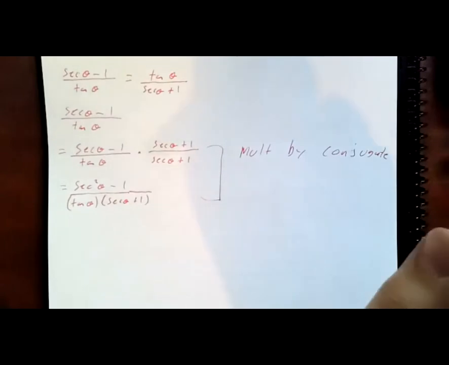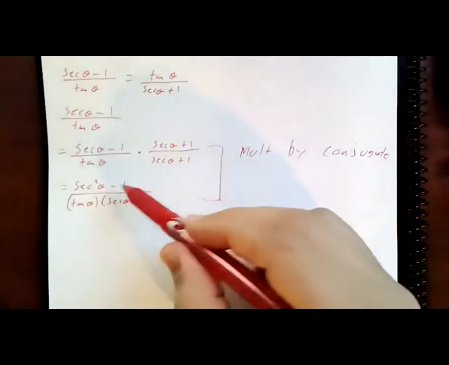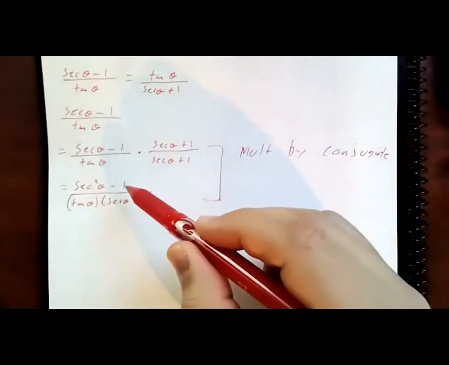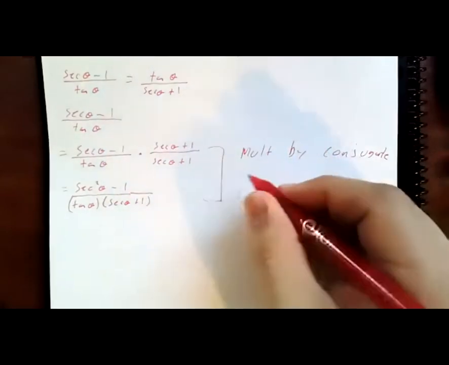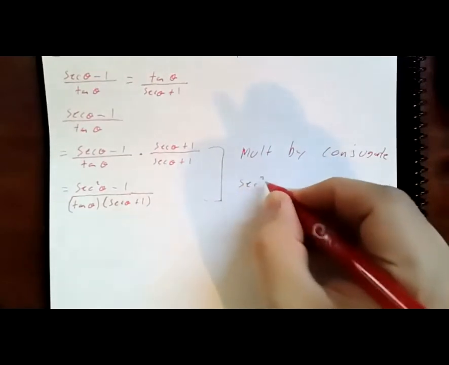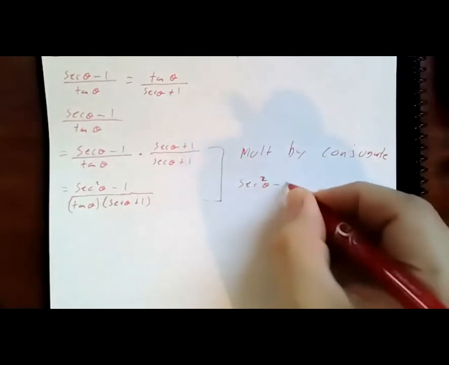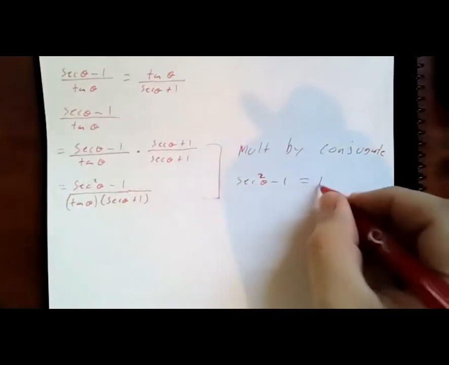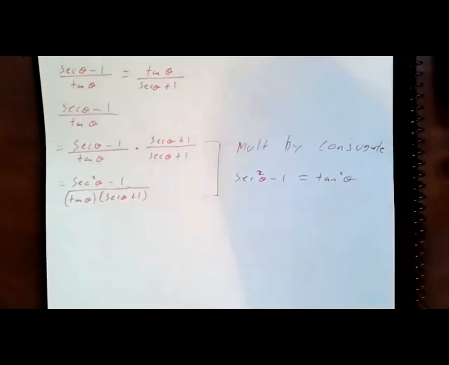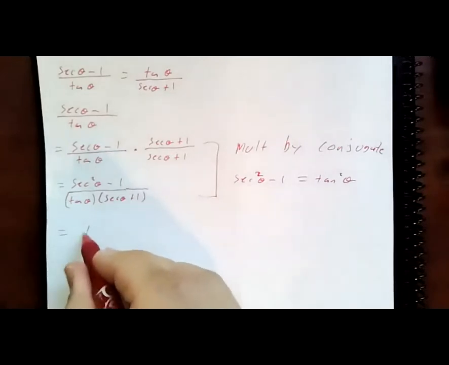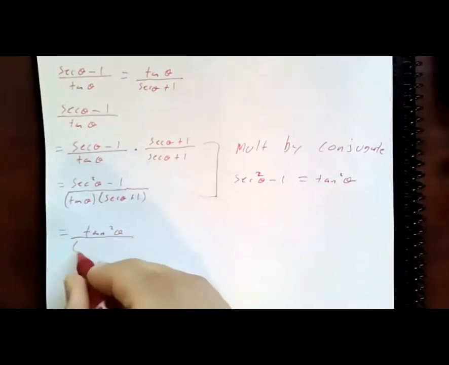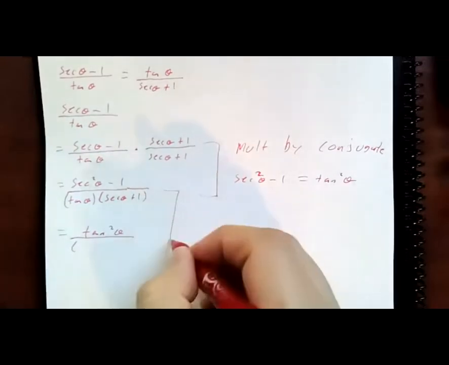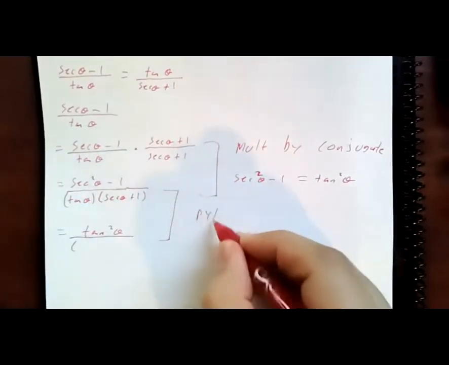Now, there's an identity, right? Secant squared minus 1 is equal to tangent, right? Thank you. Yeah, that's right. I need to always double check. Tangent squared, right? So use the identity, and you'll be left with this. So from here to here, Pythagorean identity.